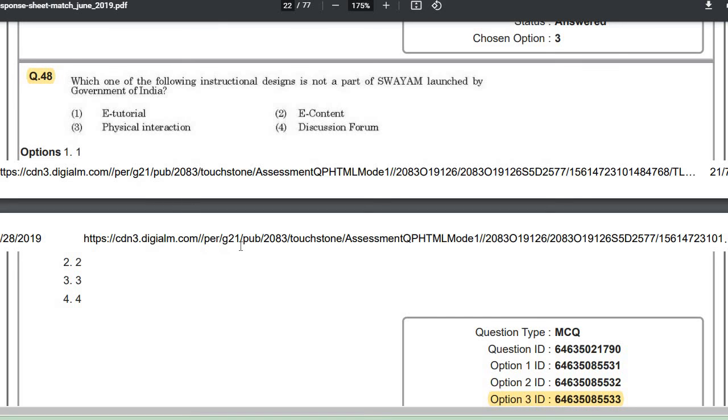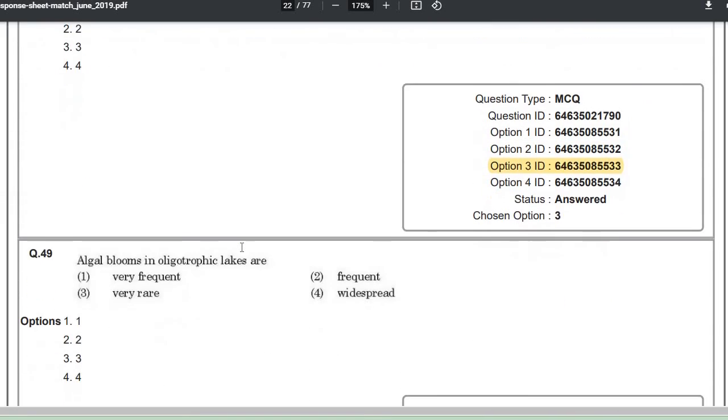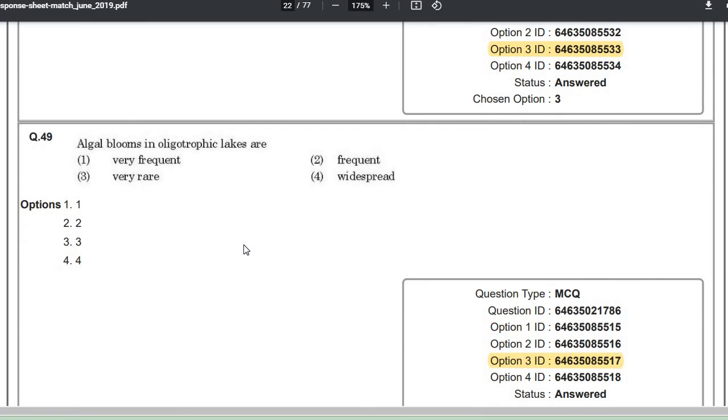So 3 is the correct answer for question number 48. Now coming to question number 49. Algal blooms in oligotrophic lakes are very rarely happening conditions in the lakes. So that's why 3 is the correct answer, very rare. Algal blooms are very rarely happening, so 3 is the correct answer.